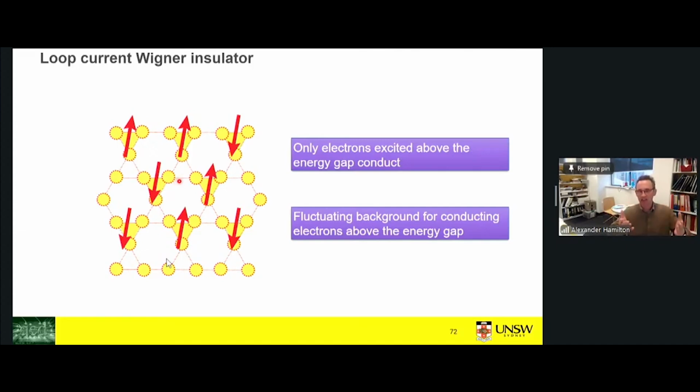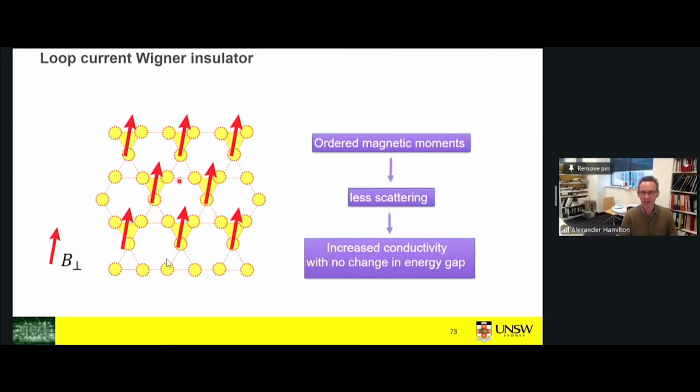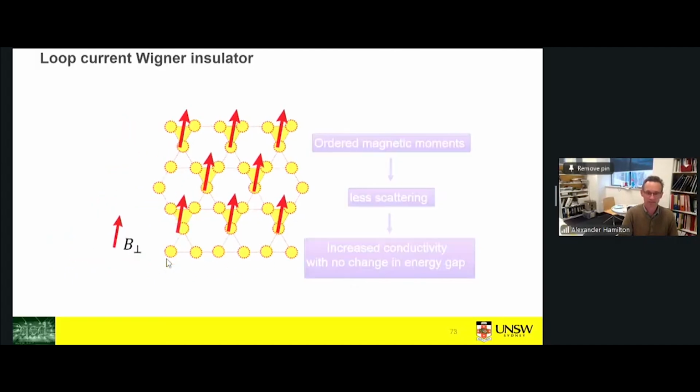You get strong scattering and a high resistance. You apply the perpendicular magnetic field, you align the magnetic moments, you suppress the magnetic scattering, and that causes an increased conductivity, but importantly, no change in the energy gap. So the story is that you can have a huge magnetic response of the resistance without changing the thermal activation.